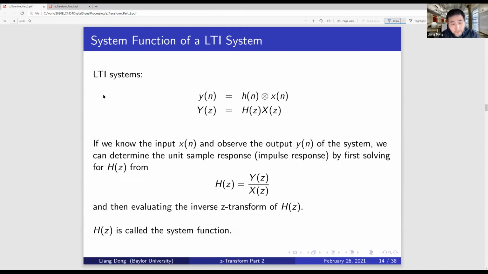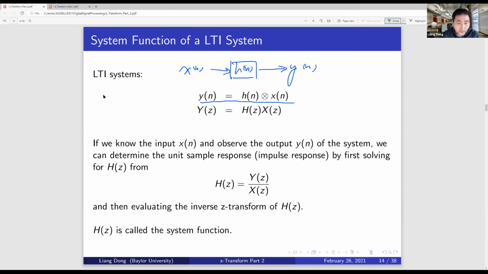Now let's look at how to use those fractional Z-domain formats to help us solve for a linear time invariant system. So I have a linear time invariant system which gives me a convolution. I have a system with input x[n], the system identified by the impulse response, and the output is y[n]. So we have this convolution.